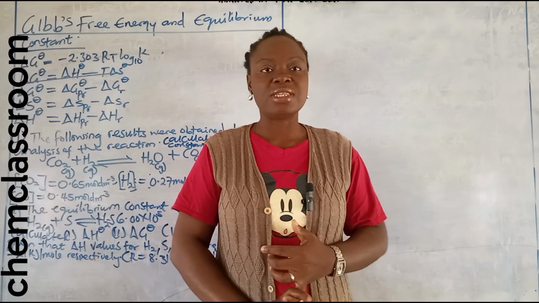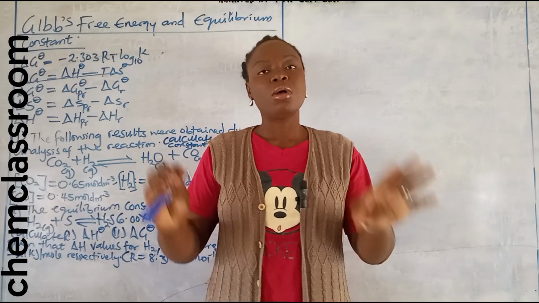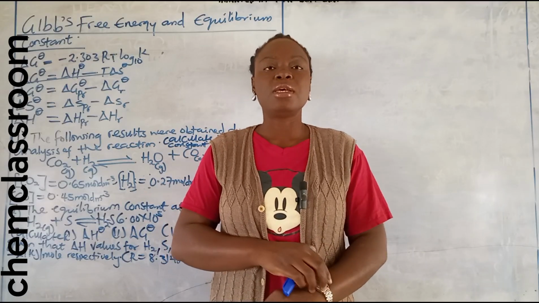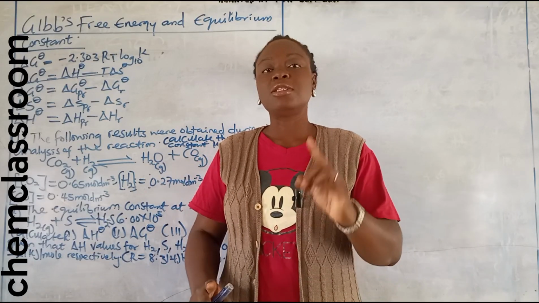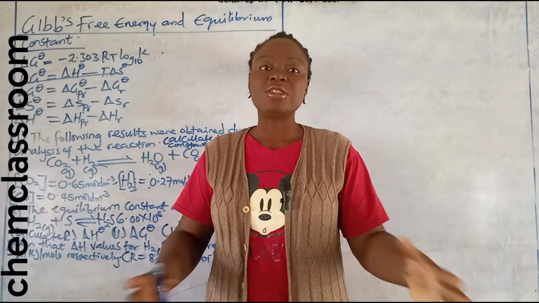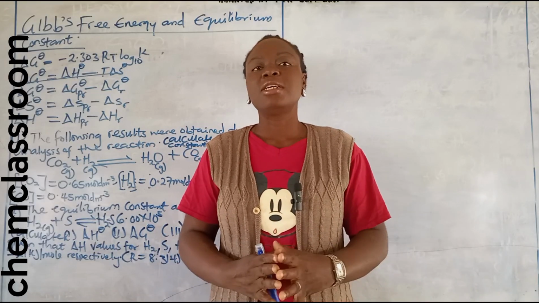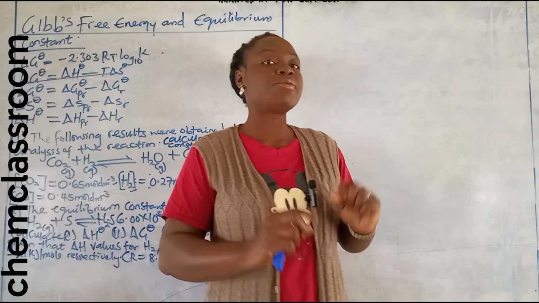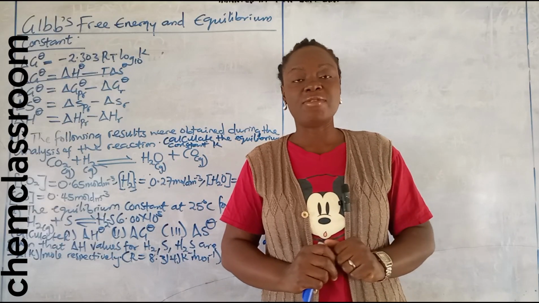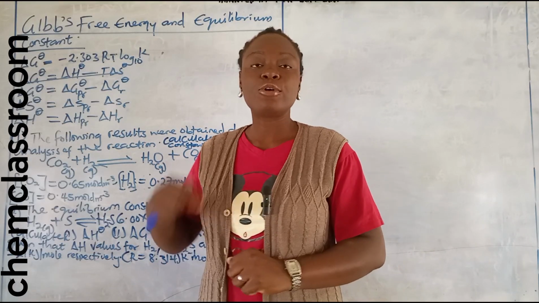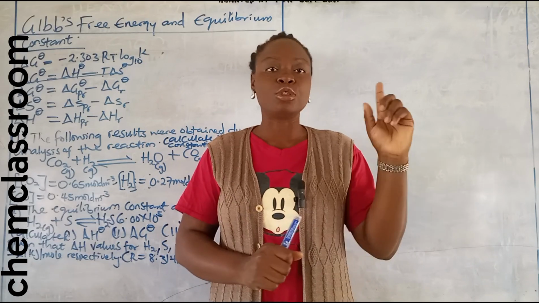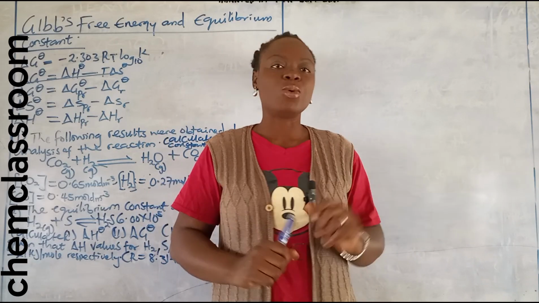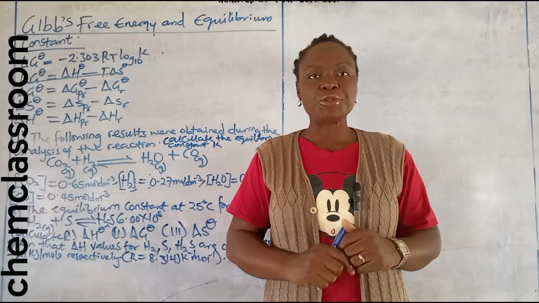Now the delta H is the heat content, which we call the enthalpy. The delta S, the entropy, is the degree of what? Disorderliness or randomness in a system. Then the delta G is the Gibbs free energy, the energy that is available to do work. And for the spontaneity of a reaction, your delta G must be what? Negative. Okay, we'll go there very soon.